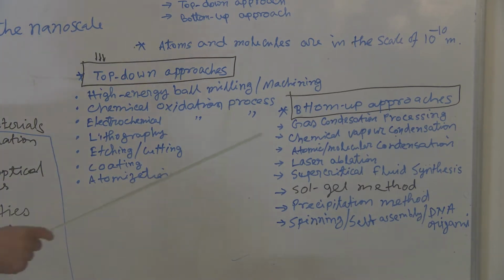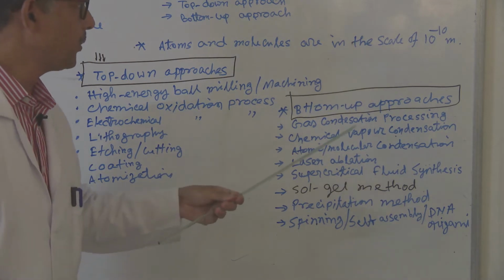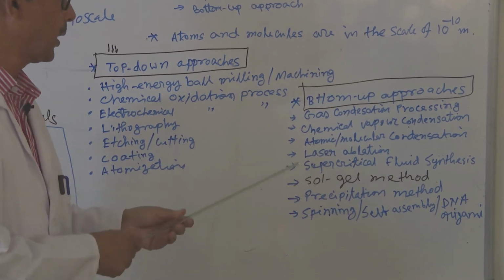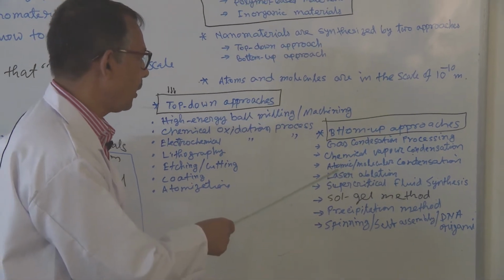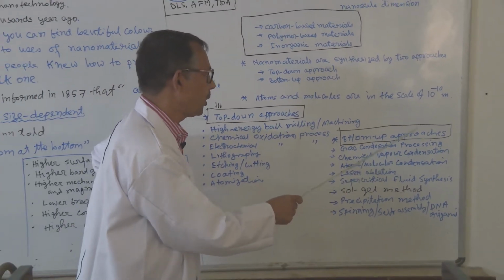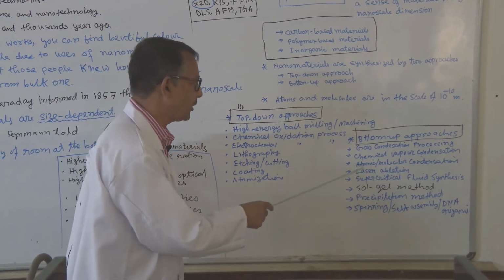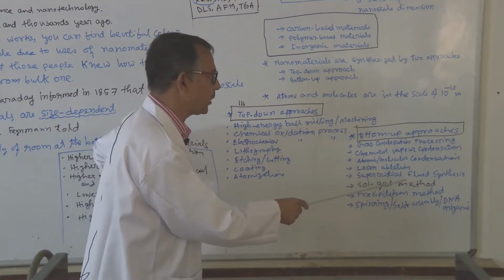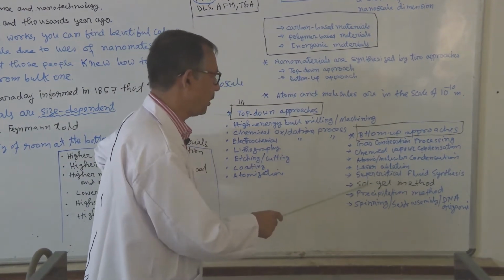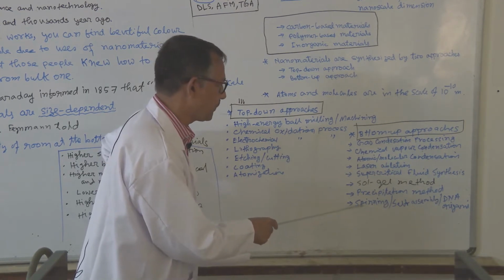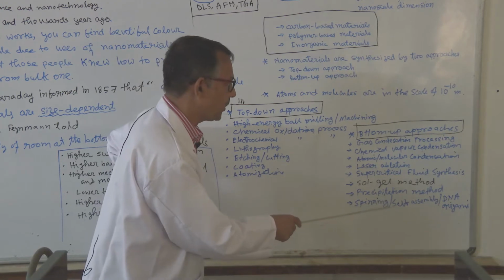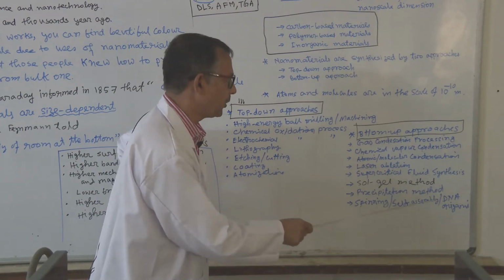If you look at bottom up approaches: gas condensation processes, chemical vapor condensation, atomic or molecular condensation, laser ablation, supercritical fluid synthesis, sol-gel precipitation methods, spinning, self assembling or DNA origami.